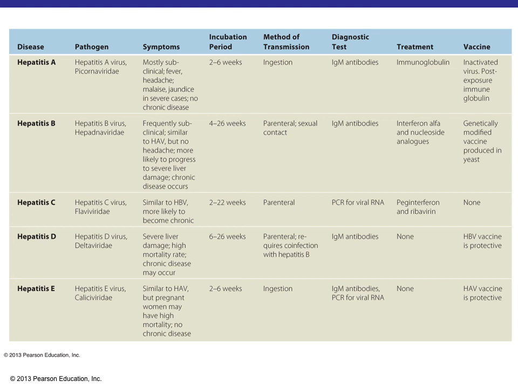So let's deal with hepatitis A. This belongs to the family Picornaviridae. It's mostly subclinical, a little bit of fever, general tiredness or malaise, and it's not a chronic disease. Incubation 2 to 6 weeks. How do you get it? You ingest it.